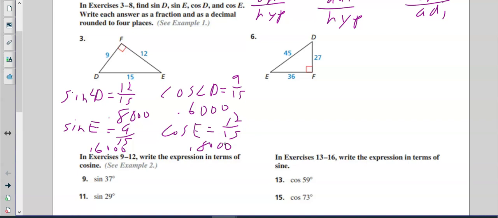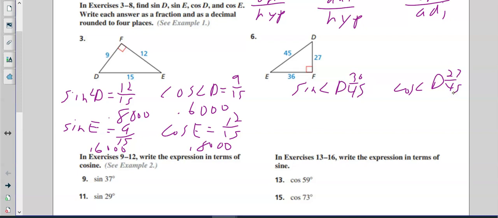Okay, so number 6, we have the sine of angle D and the cosine of angle D. So the sine of angle D, from D, opposite is 36, and the hypotenuse is 45. And cosine is just 27 over 45.